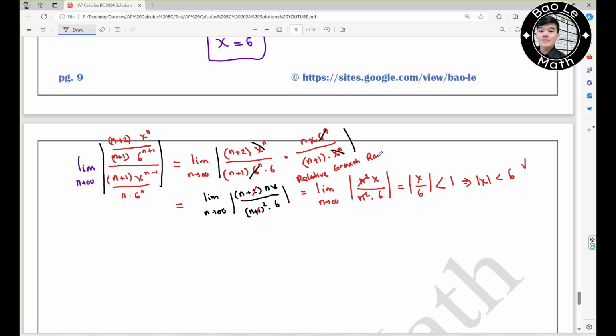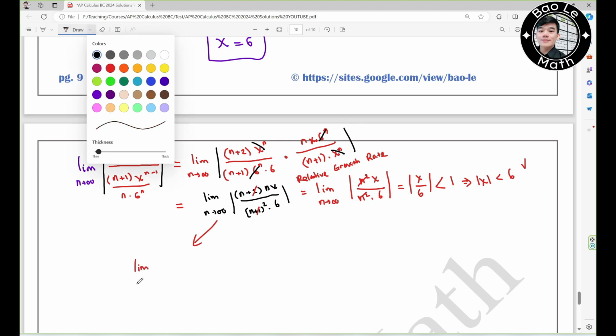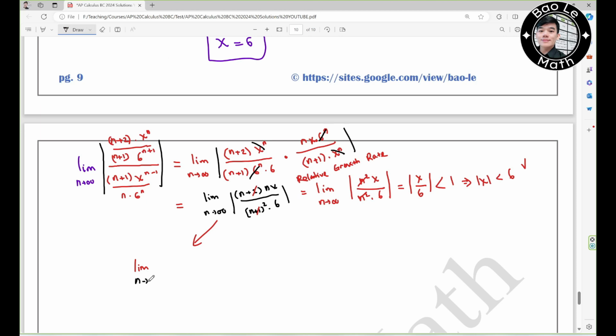Now the second method right here, we just expand this one. Alright, so the limit when n approaches infinity. I just expand this one, so it turns out to be n squared plus 2n times s over n squared plus 2n plus 1 times 6.